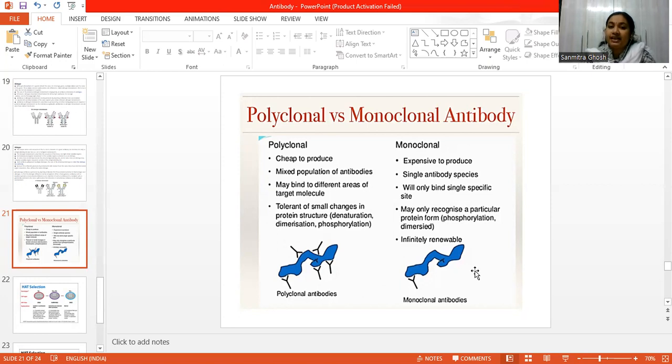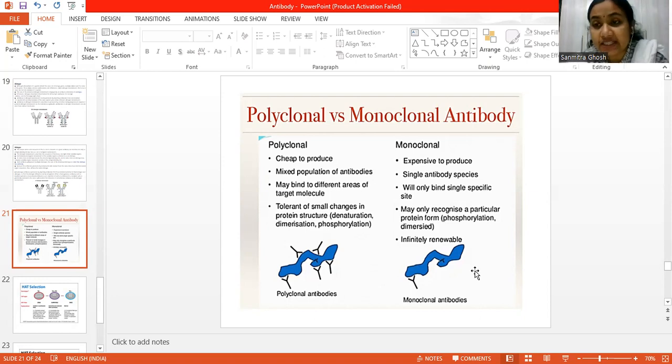That means it will identify only a modified protein, or only the native protein, or only a protein forming a dimeric structure, or only one maintaining a monomeric structure. Based on the particular configuration of the protein against which the antibody has been raised, it will identify that protein only, and not any variant form.